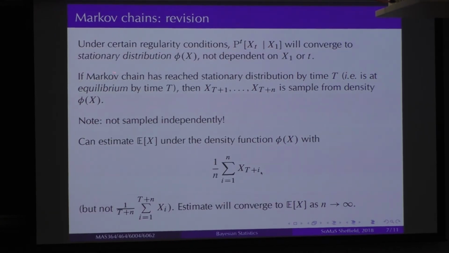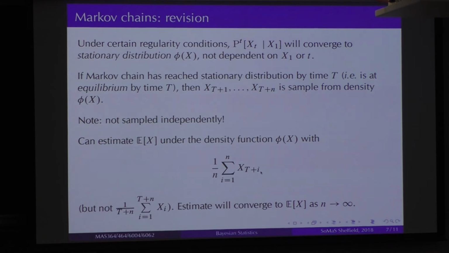The important thing is that under certain regularity conditions, that transition probability will converge to one distribution, okay? And then we say that if after some time t, that sequence has converged to that distribution, we've reached the stationary distribution by that time, okay?